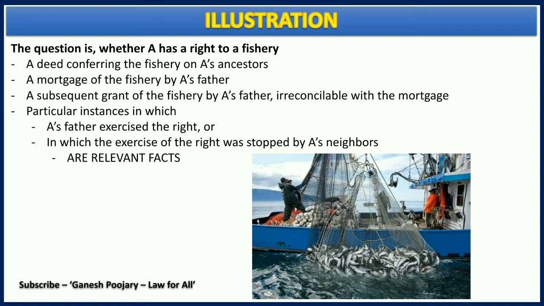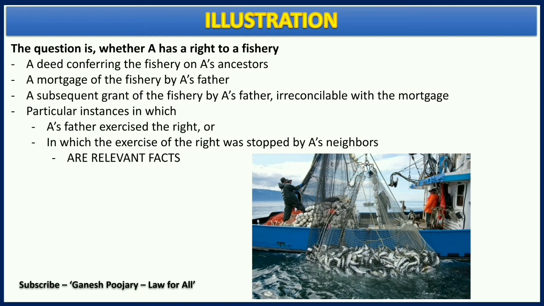That is the first thing that comes as evidence. The second one, A says that my father has taken a mortgage loan on the right of fishery. Only when you have a right over something can you mortgage it. So if his father has taken a mortgage, with that transaction it is very evident that the right of fishery was available with his father.